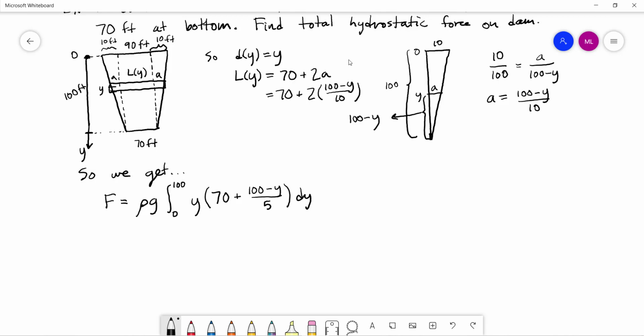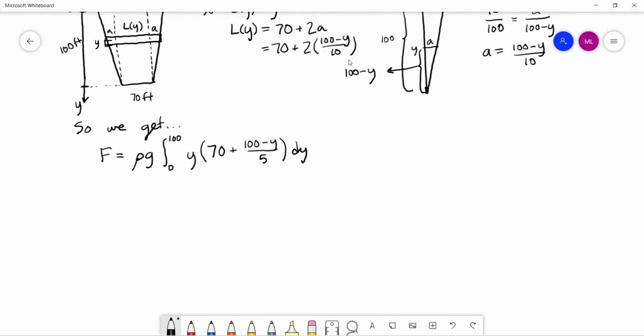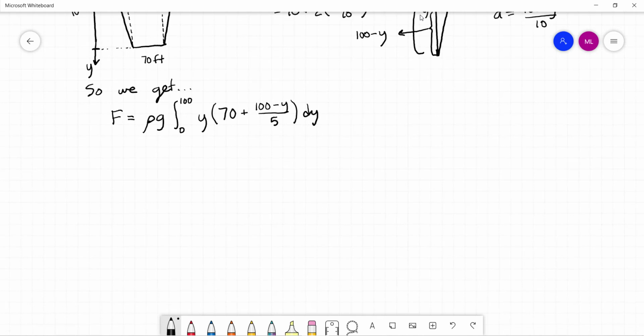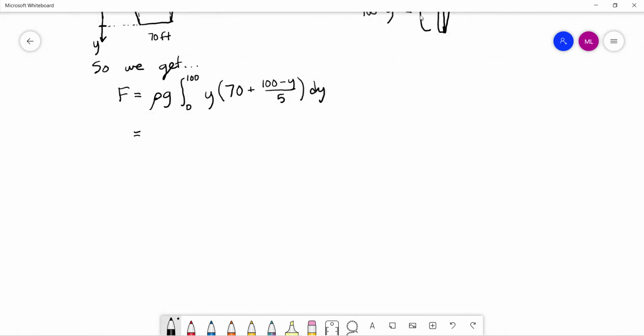Okie doke. So we're looking at that. We can, again, clean this up with a little bit of algebra before we jump into things. Rho g integral from 0 to 100, and I'll have y times, if I break this fraction up into two separate parts, 70 plus 100 divided by 5, which is 20, minus y over 5.